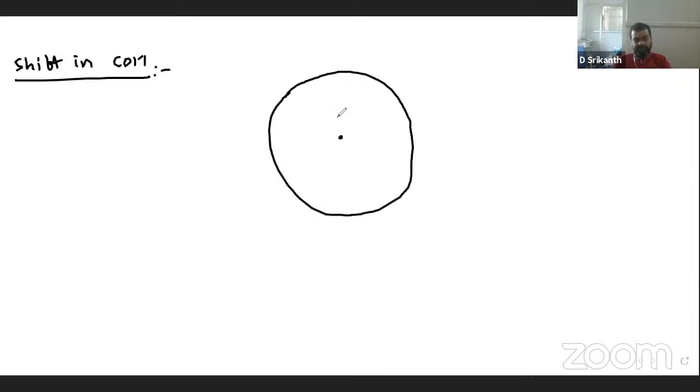This is the center O, and suppose it has a radius R. This point is A. From the point A, let us consider a diameter d equal to R by 2, so the radius will be R by 4.